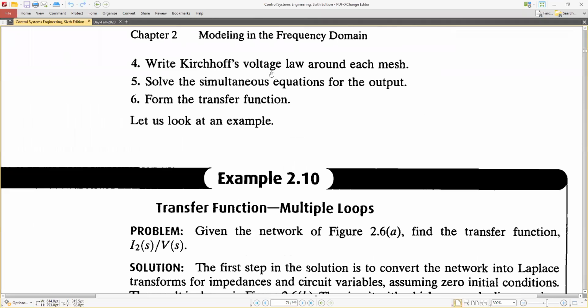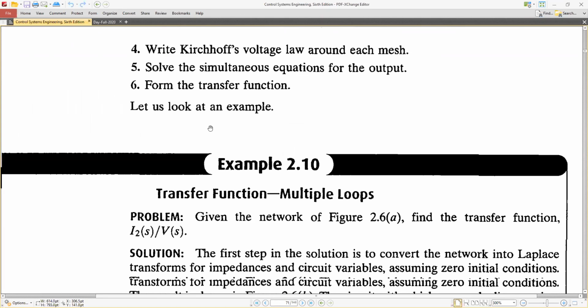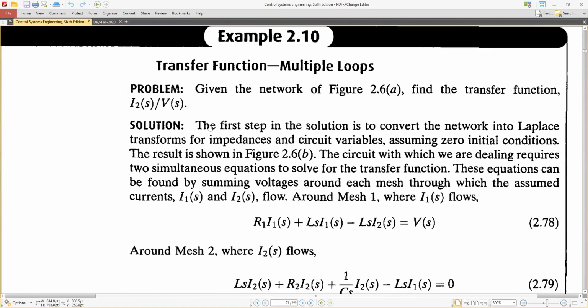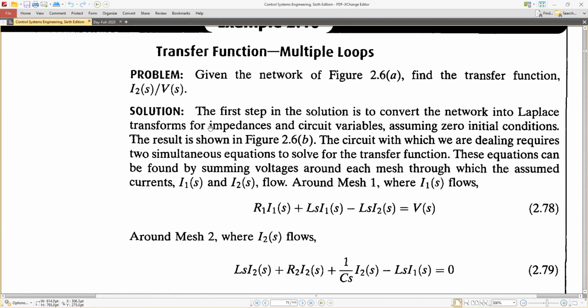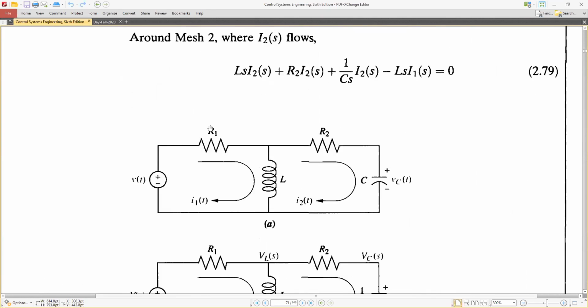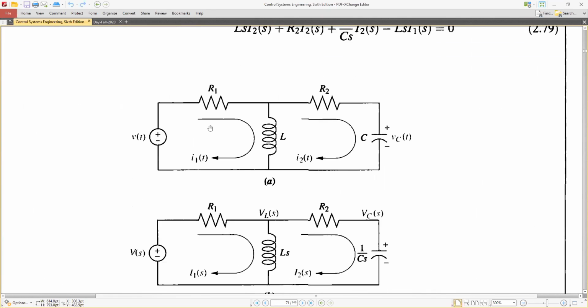Write Kirchhoff's voltage law around each mesh, apply the KVL, and solve the simultaneous equations for the output from the transfer function. Let us look at an example: transfer function, multiple loop. See this figure.